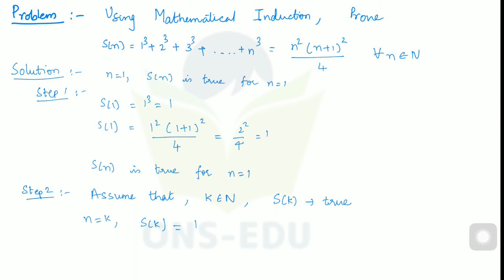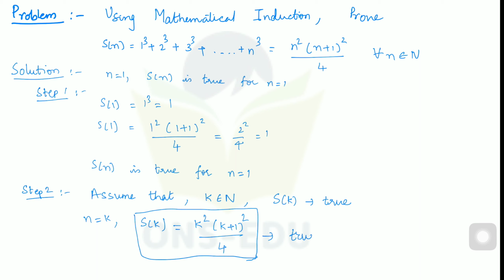So S of k is nothing but k square times k plus 1 whole square by 4. This is a true statement where k belongs to n.